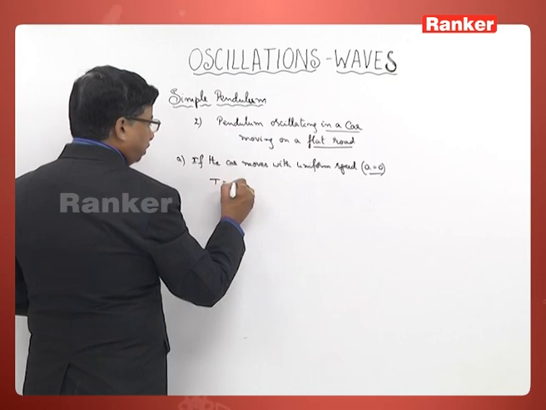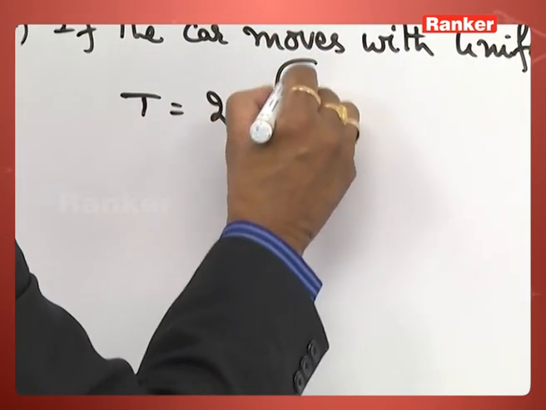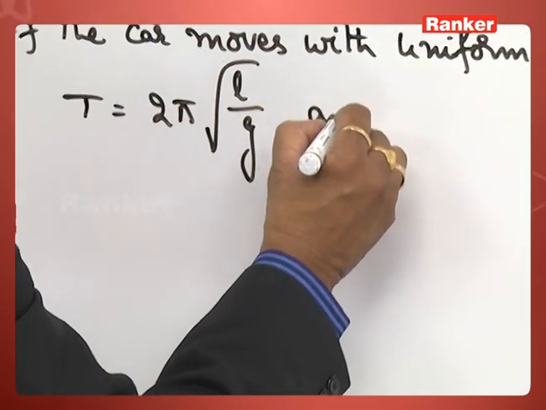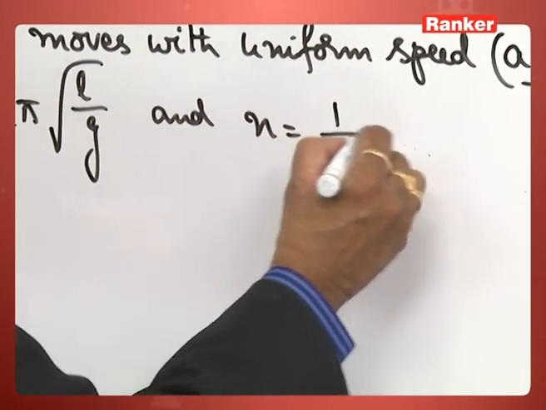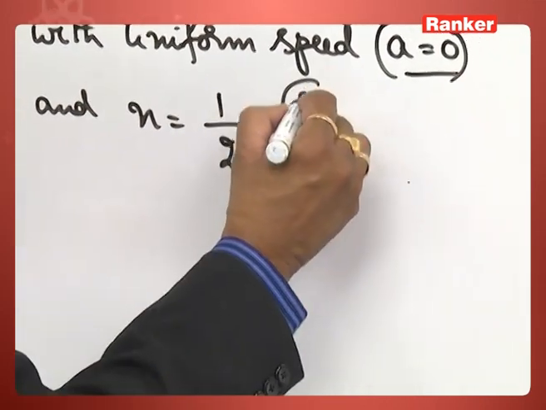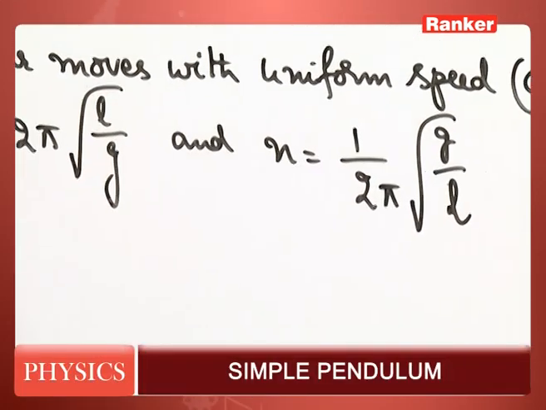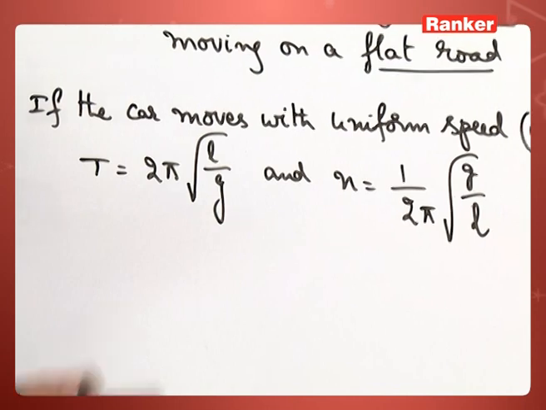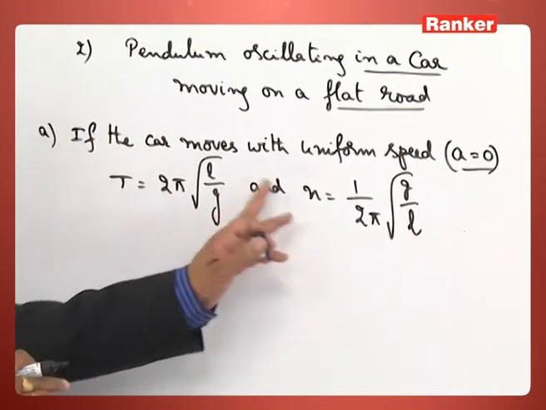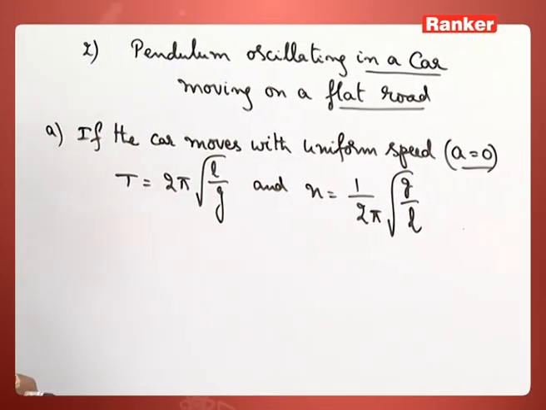Therefore, time period becomes 2 pi under root L by g, and the frequency 1 by 2 pi under root g by L. So absolutely no change as far as the time period of the simple pendulum oscillating inside the car is concerned. Similar is the case with the frequency.